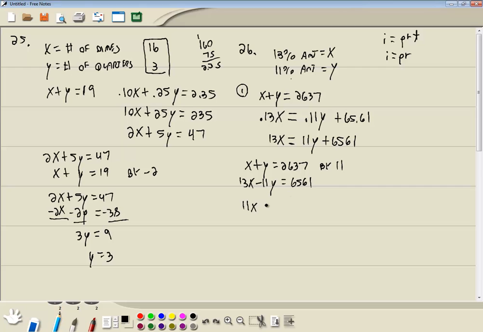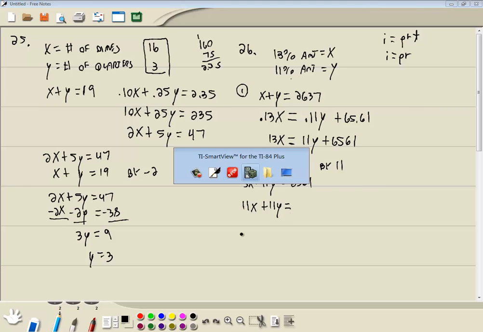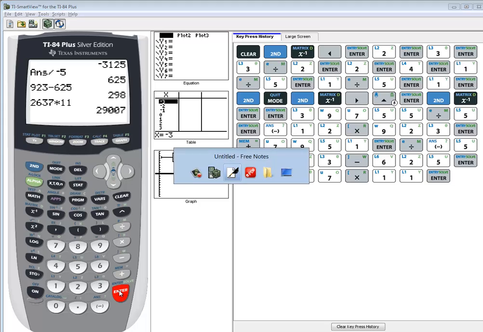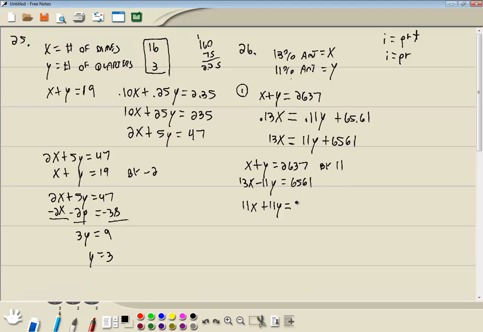So I got 11x plus 11y equals 2637 times 11, 29,007. This is 13x minus 11y equals 6561.